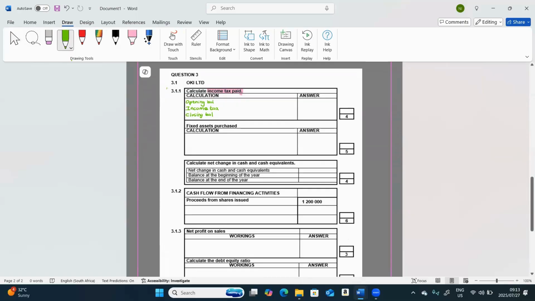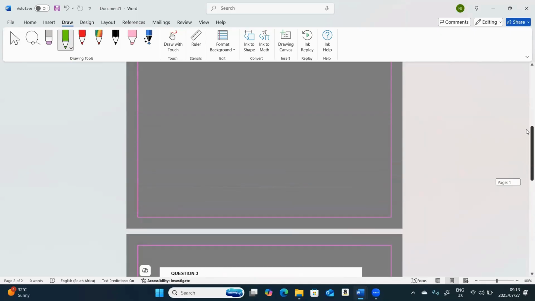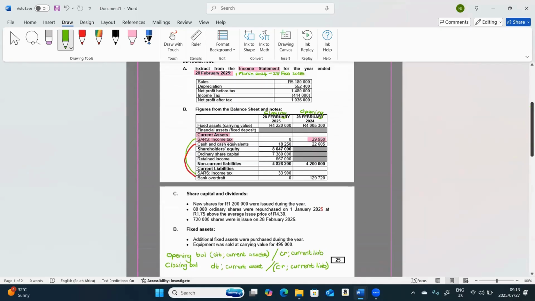So let's do that. We are going to put the 29,950 in brackets. Then our income tax for the year will be a positive amount. So let's get our income tax for the year from our income statement. You can see that the amount of your income tax for your current financial year is 444,000 Rand.